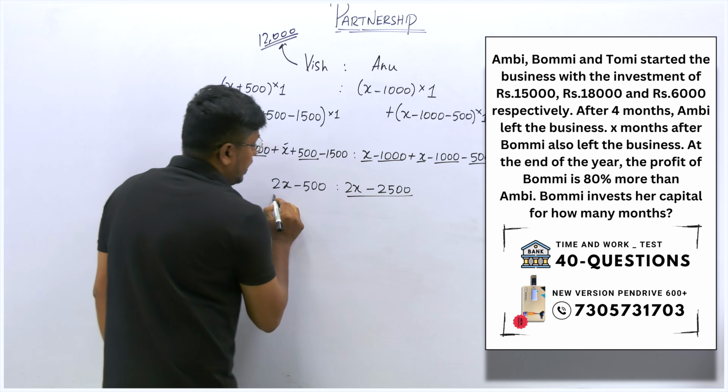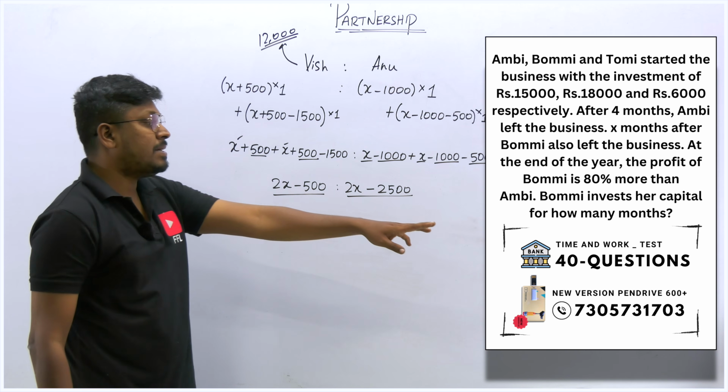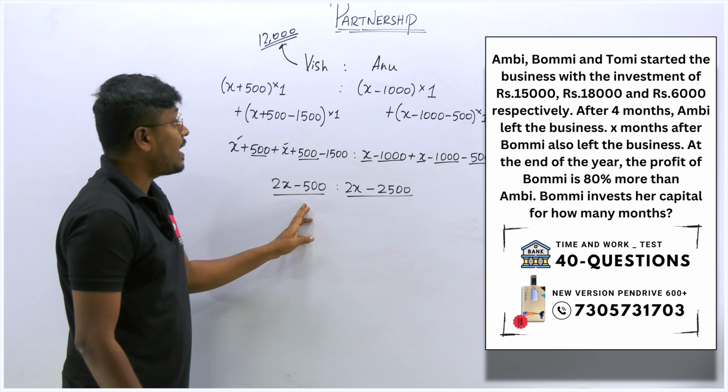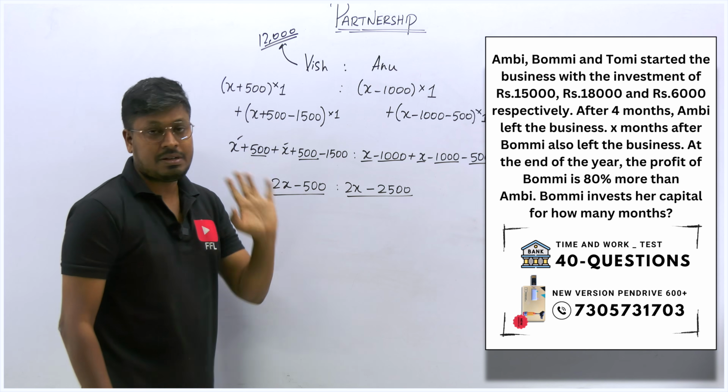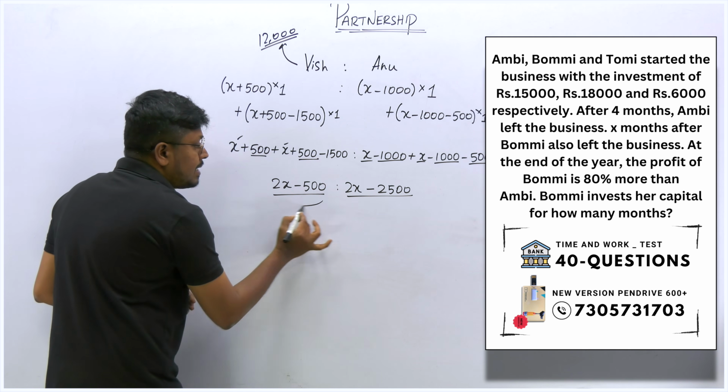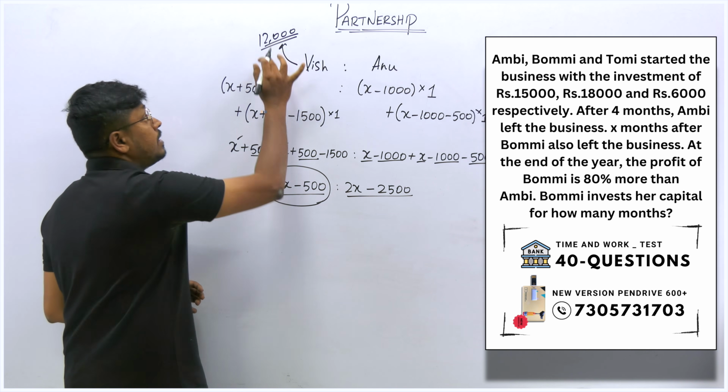Now we have the ratio: the first person's is 2x minus 500 and the second person, Anu's, is 2x minus 2500. We know Vishnu's profit is 12,000.